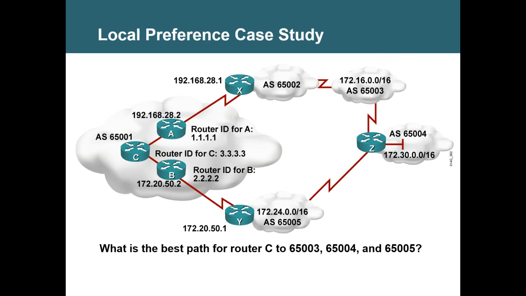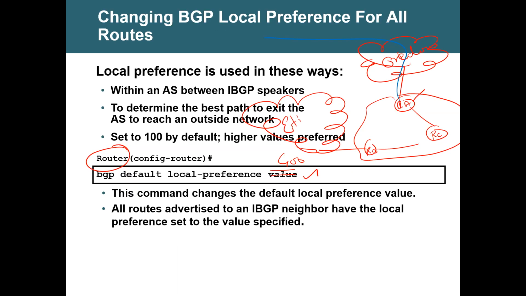Now we are going to see this case study to understand that we need a route map for more effective, more accurate, more granular, more precise path selection. With this case study, we will understand that without a route map is not enough.